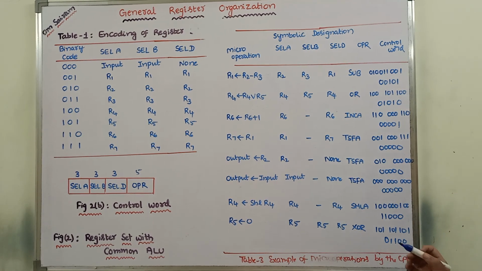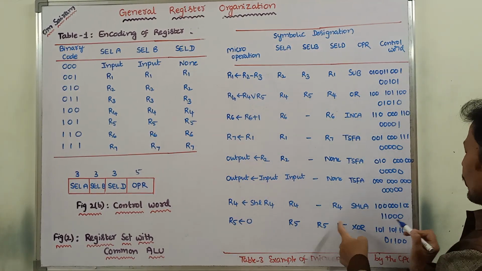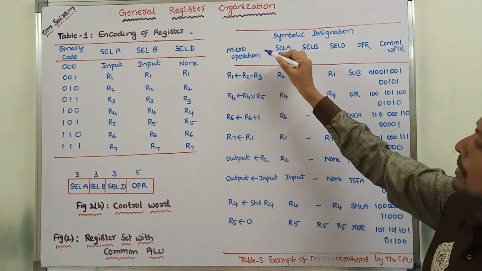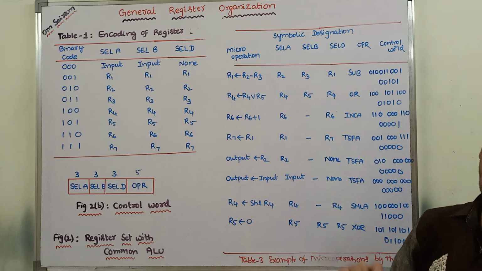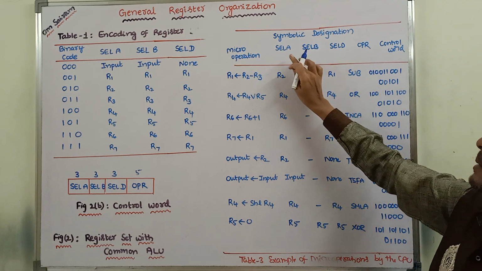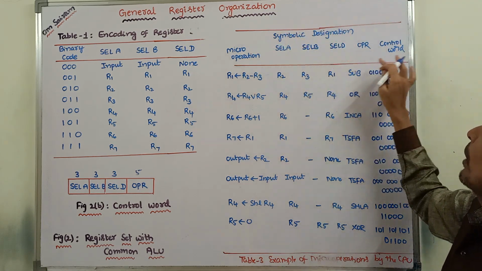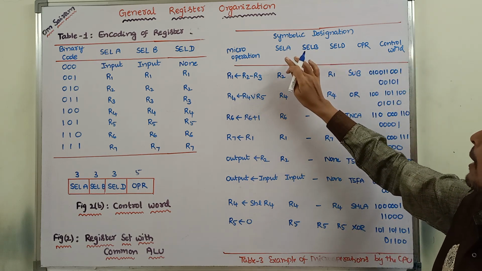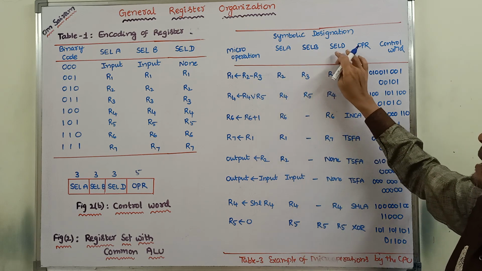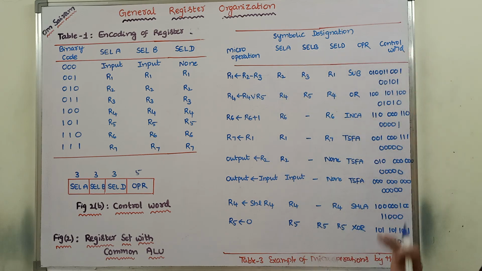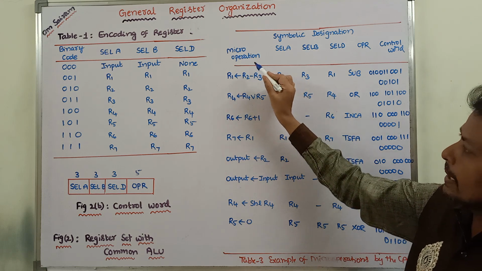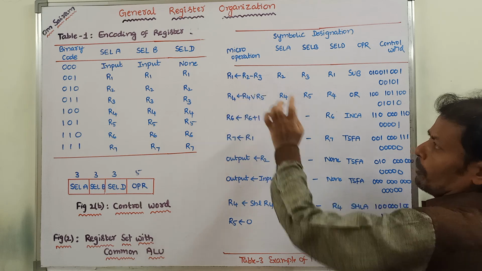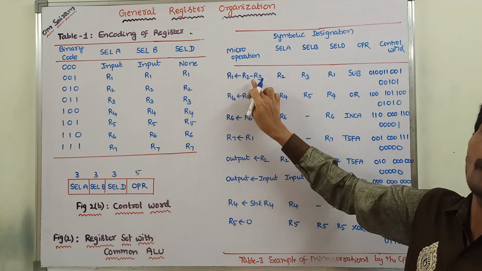So these are the several micro operations that can be performed by the CPU. The first column represents the micro operation and the second column represents the symbolic designation, which can be divided into 6 fields: SELA, SELB, SELD, OPR, control word. Suppose we want to perform the subtraction operation R1 arrow mark R2 minus R3.